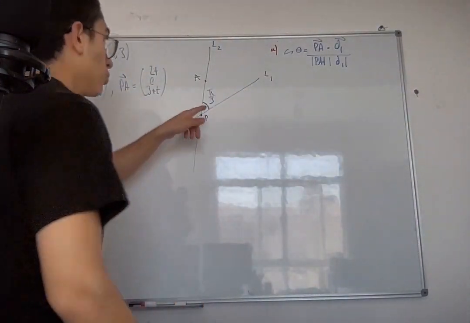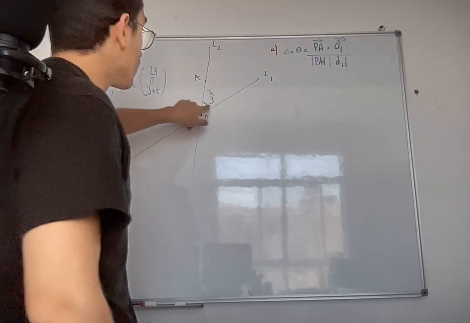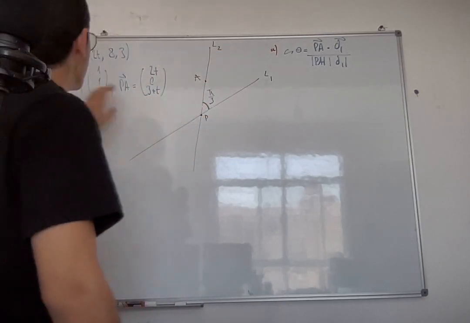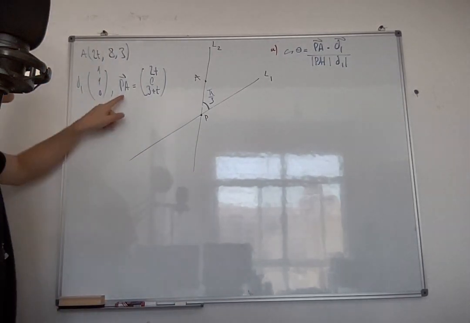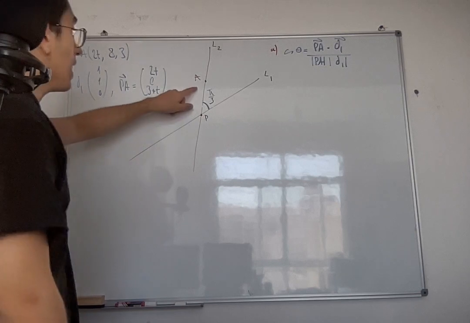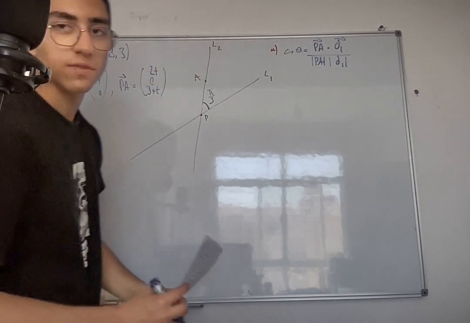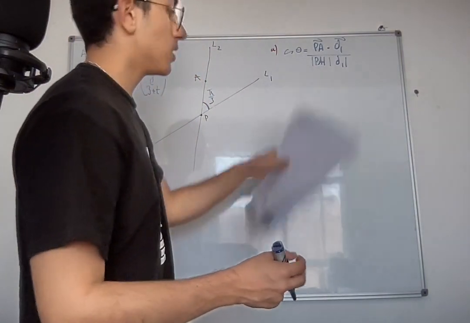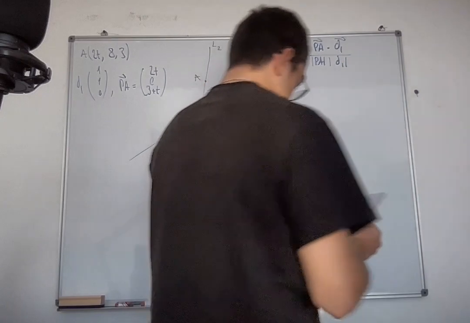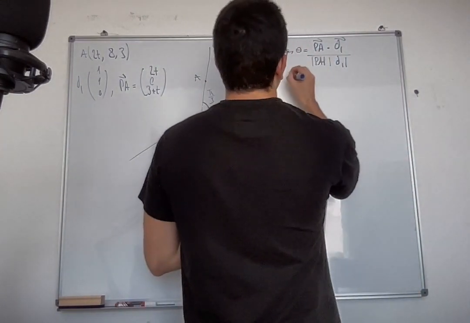Well, we know the angle between L2 and L1 is pi over 3. We have the direction vector of L1, and PA lies on L2, so it's also the direction vector of L2. So we can use this to show that for t.